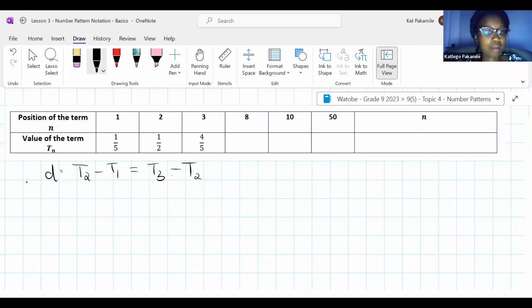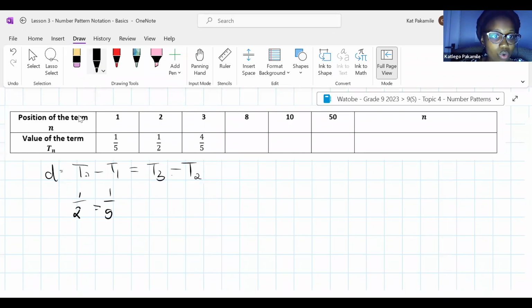I'm going to go with term 2, which is a half, minus term 1, which is a fifth. If we have our LCDs, we're going to times both of these. Let's do the LCD thing, guys.